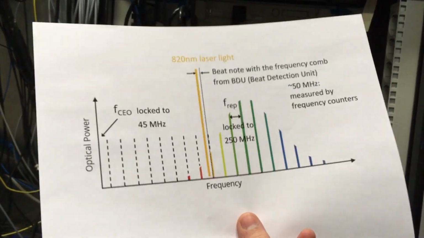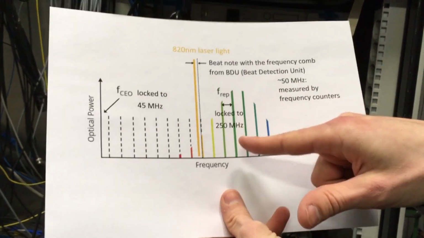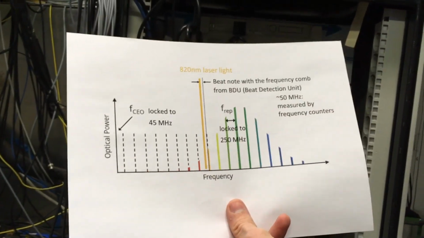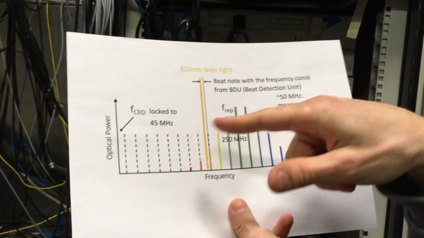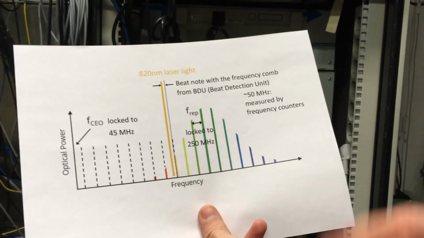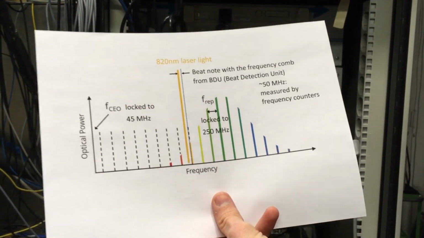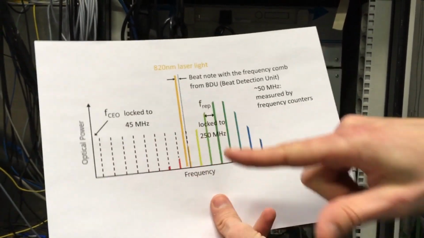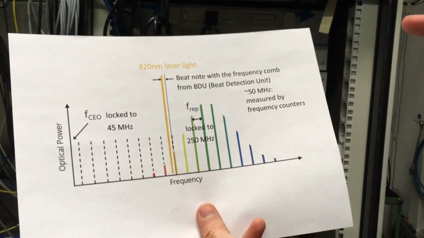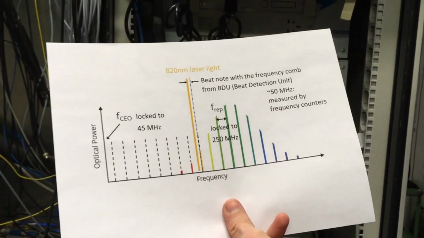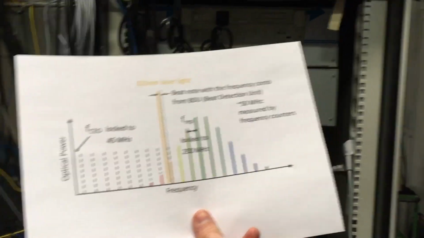And what we actually also do is to lock the comb directly to the 820 nanometer light. But just for simplicity, I've shown you this picture. So we keep the repetition rate and the carrier offset frequency locked, and through the beat note with the frequency comb, we can deduce the precise laser frequency of light.